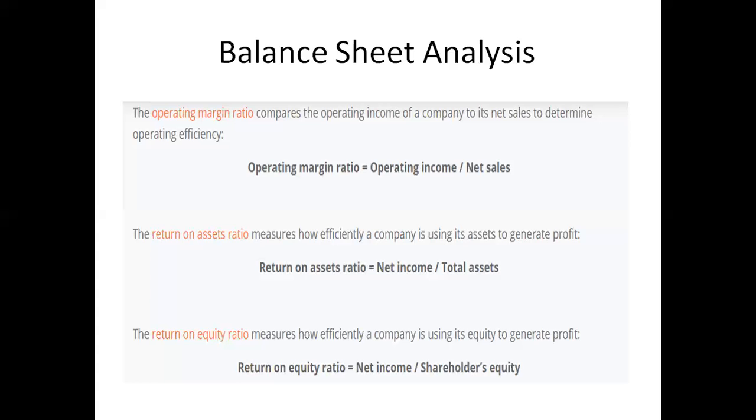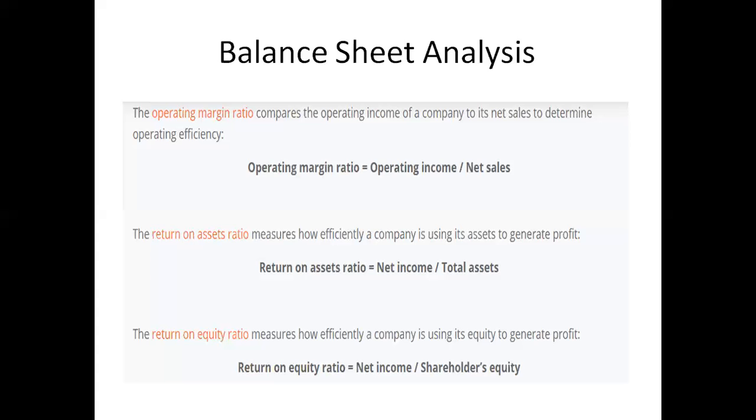Now, what do we mean by shareholders' equity? It means only the equity shareholders, the amount that is issued and subscribed by the equity shareholders. Return on equity is generally applicable only to the equity shareholders, and is measured from the equity shareholders' aspect only, and not from any other aspect.